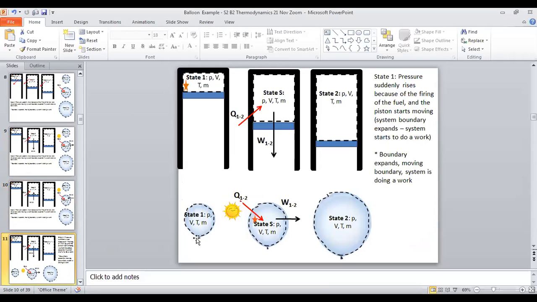So the same way here, I put W12 like this.